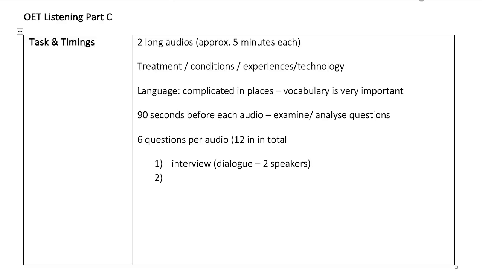The other type will be a presentation, and that one is a monologue, which means 1 speaker. Now, it becomes significant because it can be quite difficult to know when the questions are coming if you don't have clear signposts, and we'll talk a little bit about signposts later. But interviews are generally considered a bit easier than presentations.